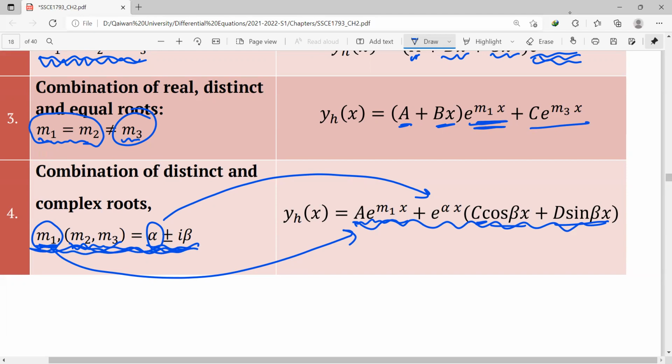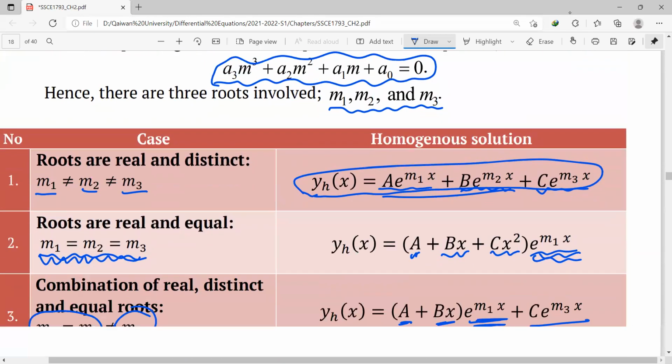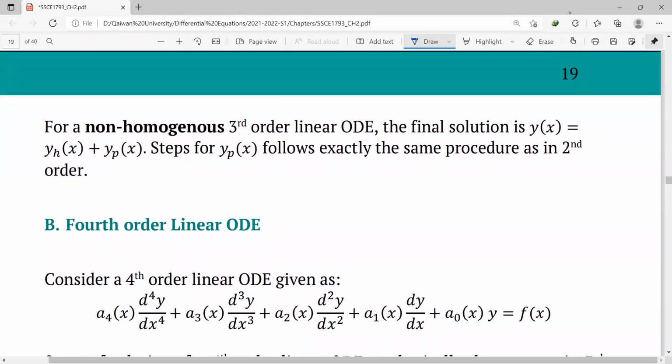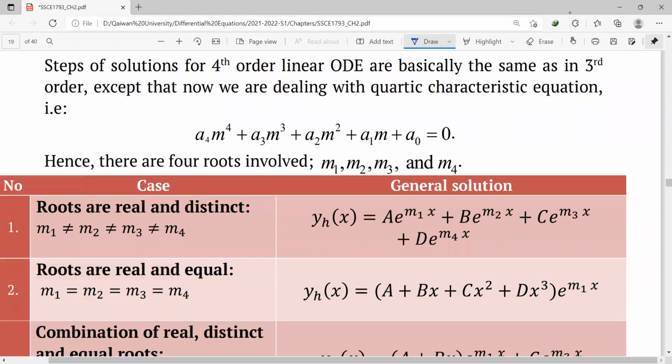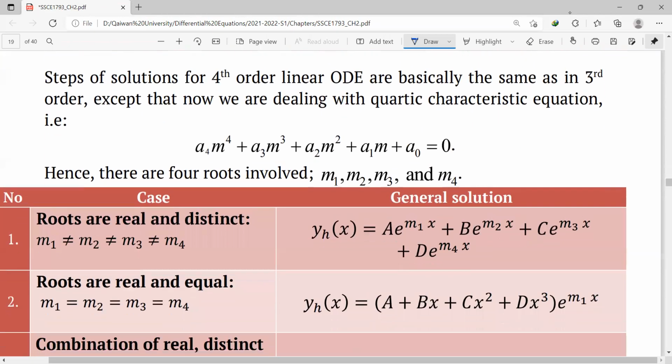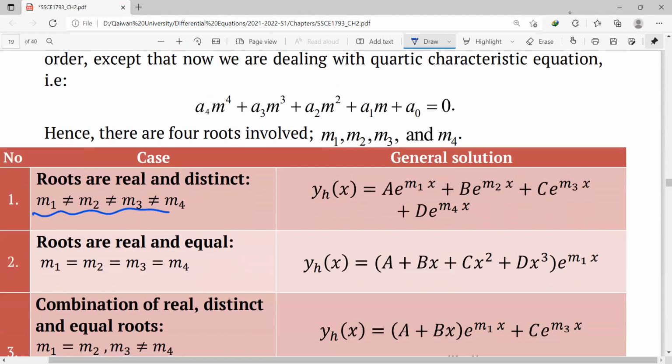So you have these four cases for finding the homogeneous solution of a third order linear differential equation. And for fourth order, it's the same. If they all are distinct, we say it is a e to the power m1x plus b e to the power m2x plus c e to the power m3x plus d e to the power m4x.